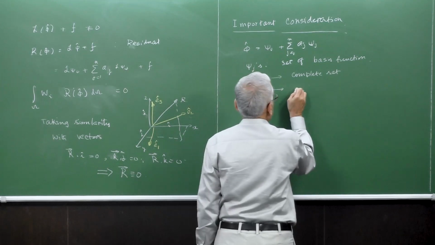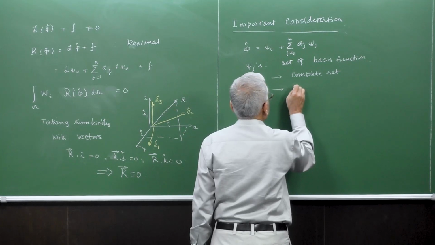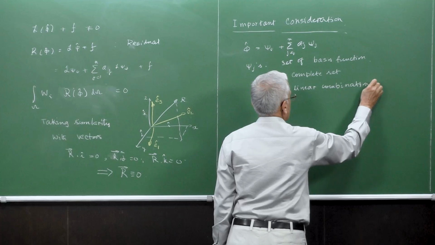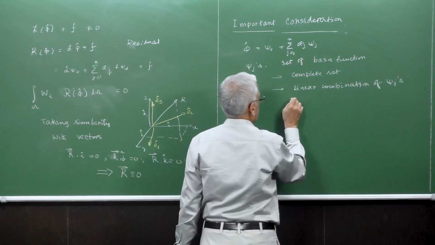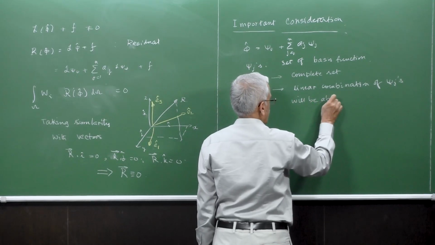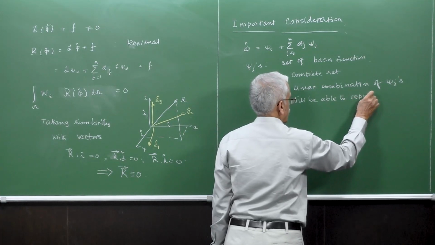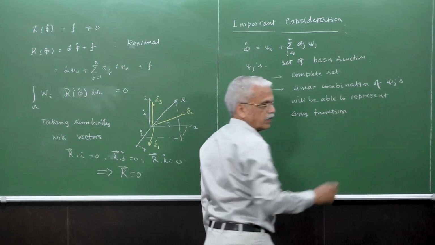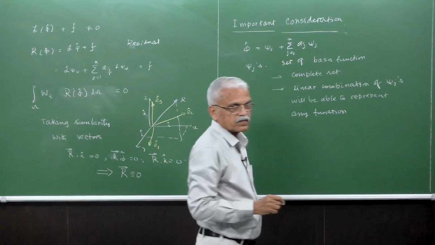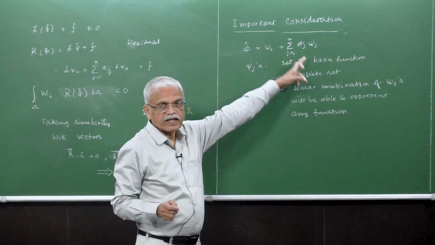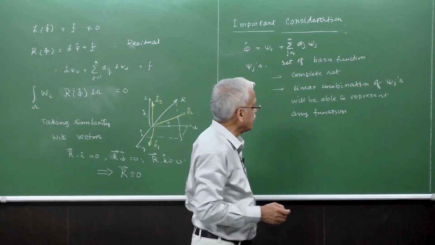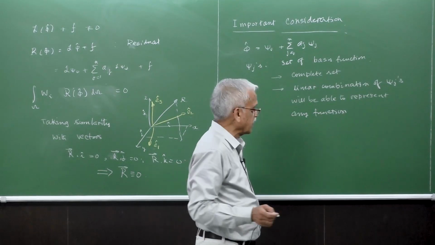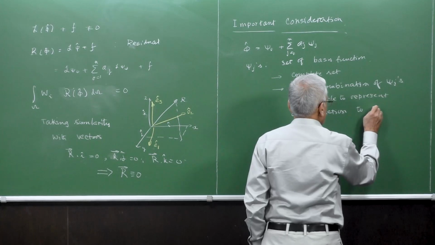And also a linear combination of them will be able to represent any function. Here we have a finite number n of functions, but as n increases to infinity, the linear sum of the set psi j will be able to represent any function to any desired accuracy.